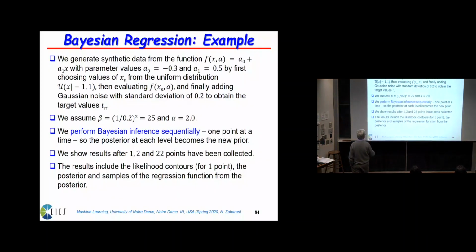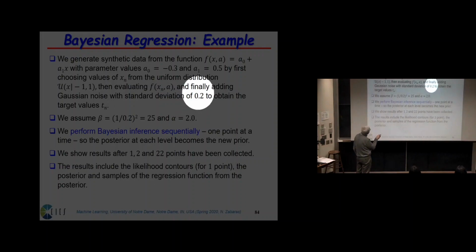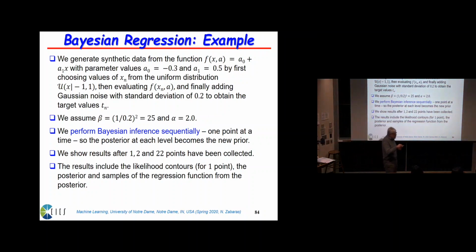And then I'm going to add some noise to the measurements of those inputs x, and that noise will have a standard deviation of 0.2. So effectively, I am going to use a precision beta for the likelihood that is 1 divided by 0.2 squared. So the precision is 25, and my precision for the prior, alpha, is equal to 2. Just to keep the discussion going, right? So I'm going to fix alpha and beta.